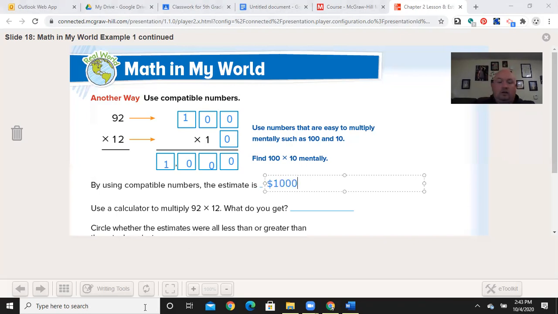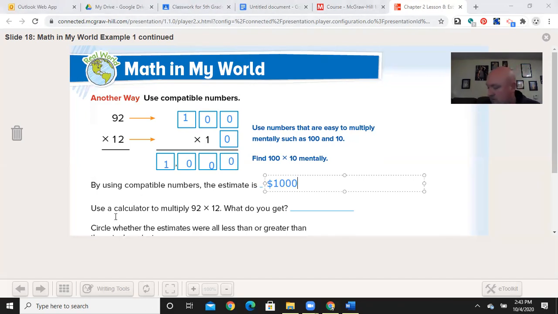And let's grab the calculator here, because it tells you to do it. $92 times 12 was $1,104. So circle all the estimates that were less than.